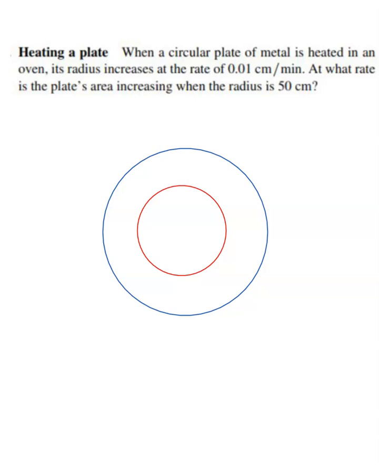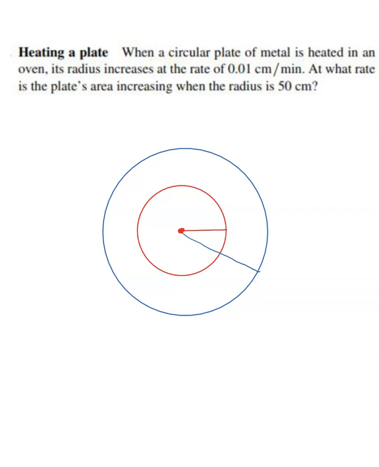The red plate grows into the blue plate. So to illustrate that, I have the red, which has its radius. We'll talk about that. Then we have the radius for the blue plate. So the radius from red has grown to the blue.